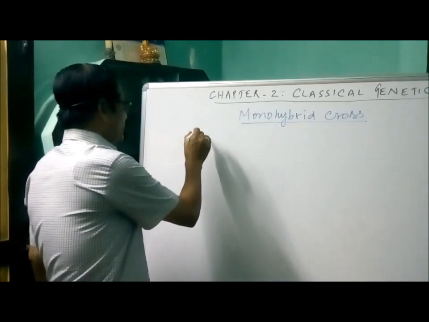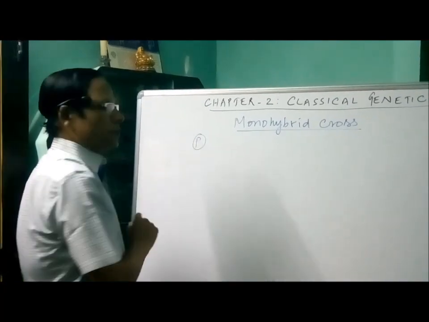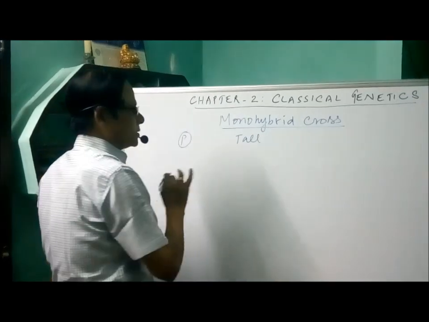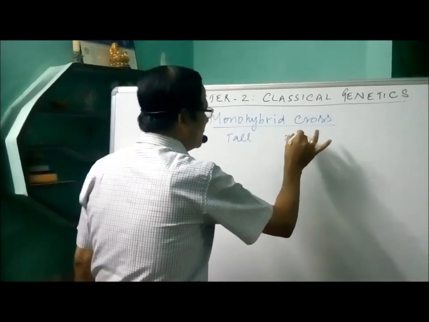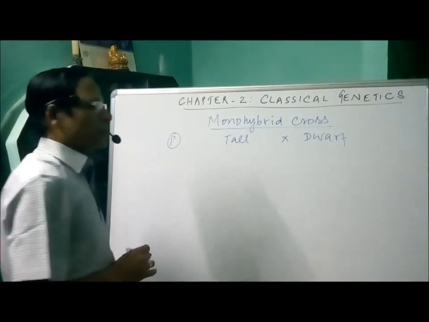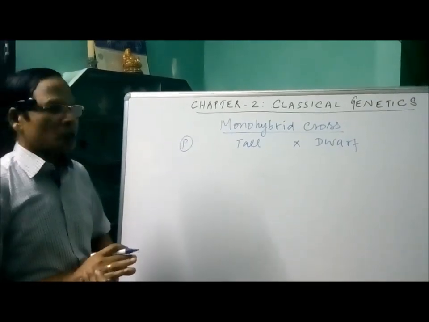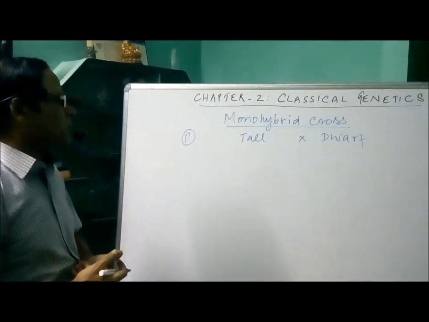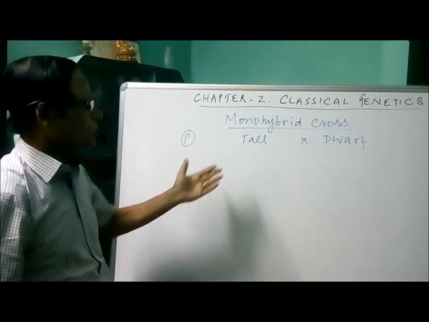Suppose you are taking the parents. This is the illustration. We have pure breeding tall plants, this is the phenotype, and pure breeding dwarf plants. These plants were taken for artificial cross, that is cross pollination, because we are taking two different traits.